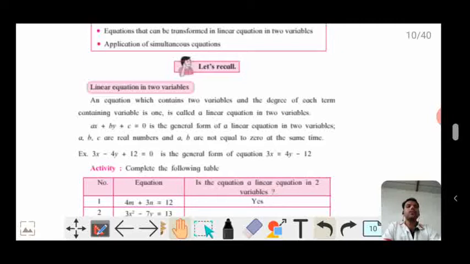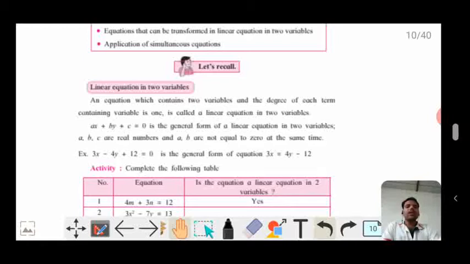Okay guys, so from this equation we can understand that in ax plus by plus c is equal to 0, at the same time we cannot write both a and b equal to 0. At one time a can become 0 and another time b can become 0.